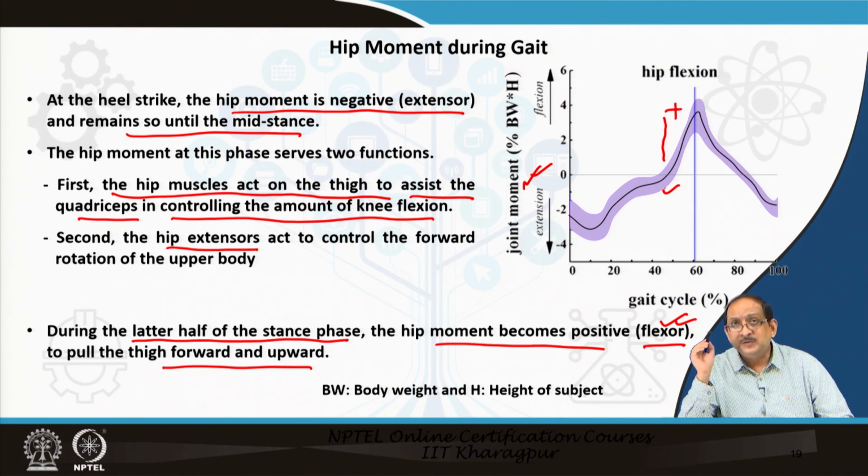So, the hip moment becomes positive due to the action of flexor muscles, which pull the thigh forward and upward.